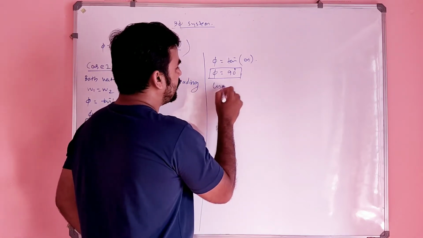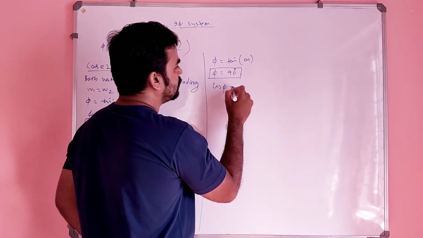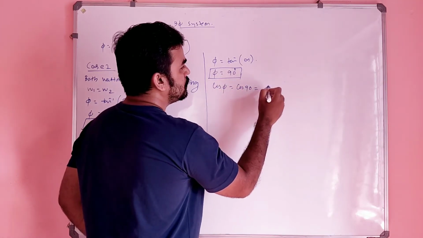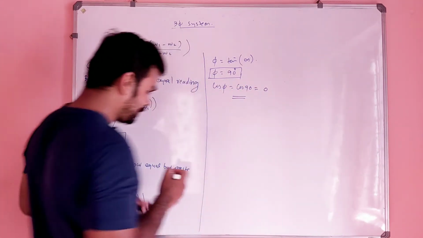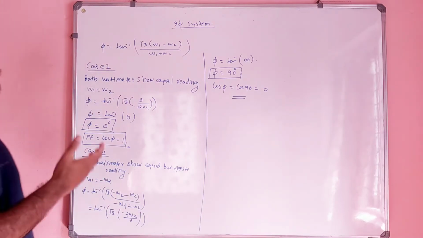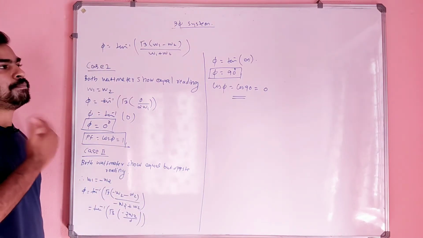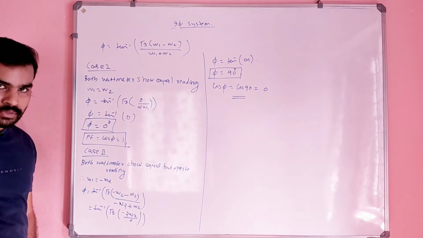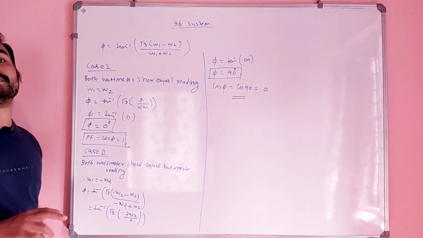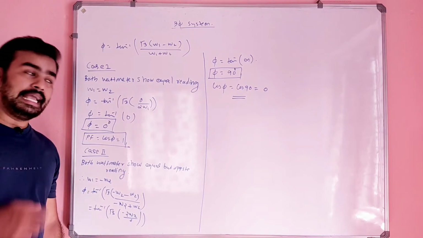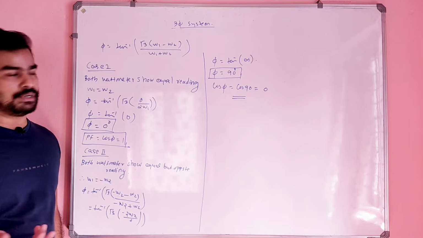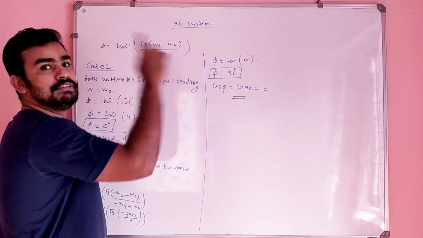Or we can say that cos phi is cos 90, which is 0. So only in the 0 power factor condition. A 0 power factor condition means it may be either a pure inductive load or a pure capacitive load, because in that case only phi will be 90 degree.